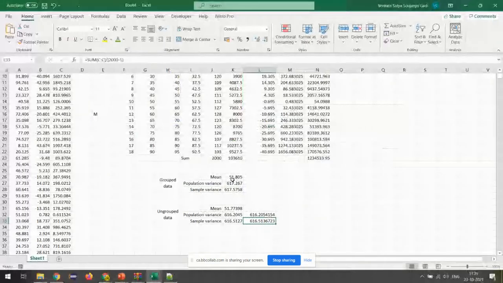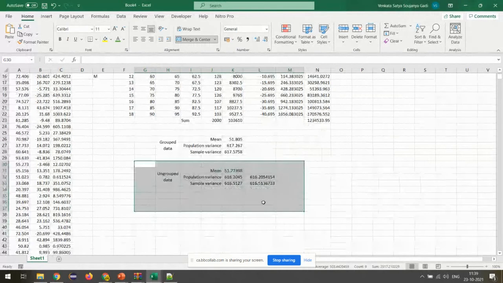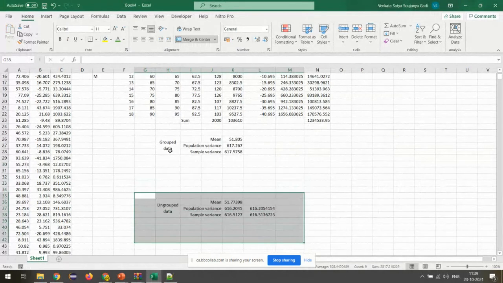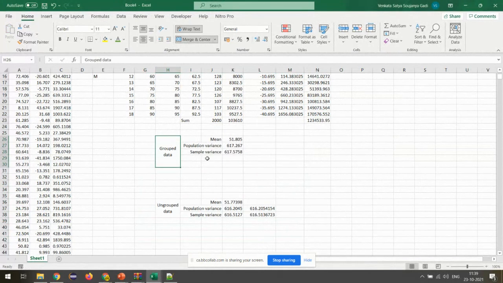So we already have the variance. So we want to calculate the standard deviation. What are we going to do? We just apply, let me take this data down, square root. So instead of population, let me calculate standard deviation.